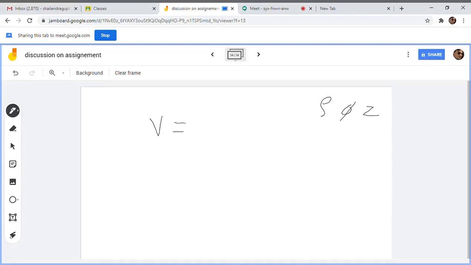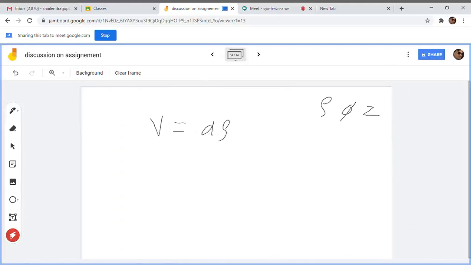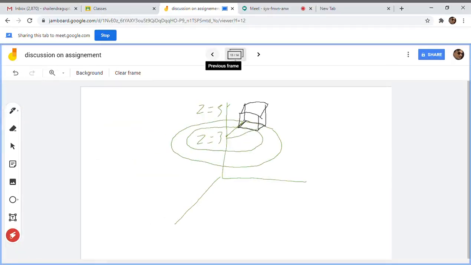So it will be d rho, in the radial direction, in this dimension, and then you have to talk about this dimension, the d phi.